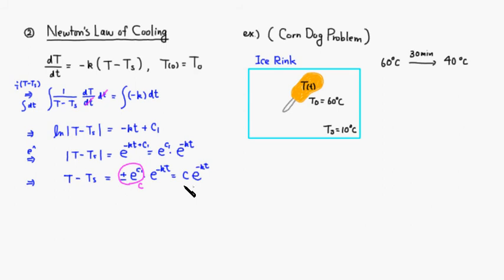Let's find the constant here. We're going to use the initial condition, so plug in 0.